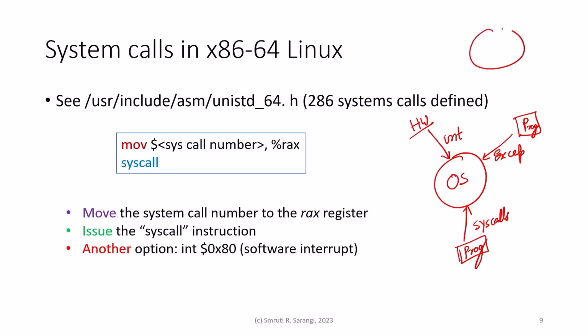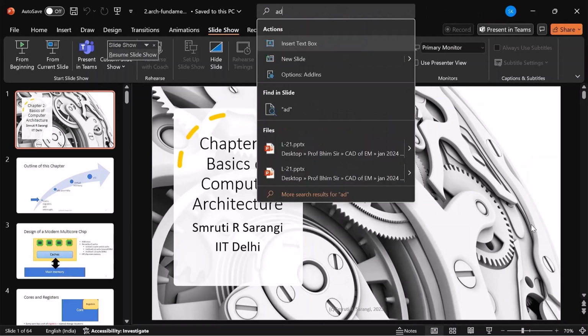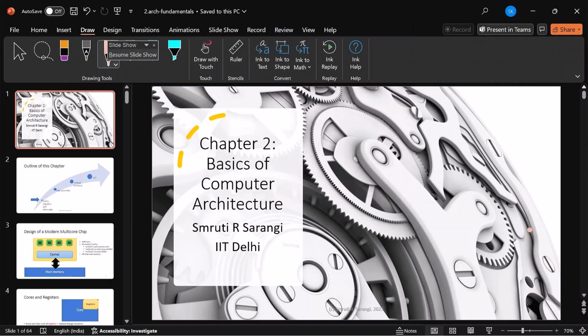Then we have signals, where the center of gravity is the program itself, the process, right? So I'm using the word program to make life easy for you. Technically it should be the process.